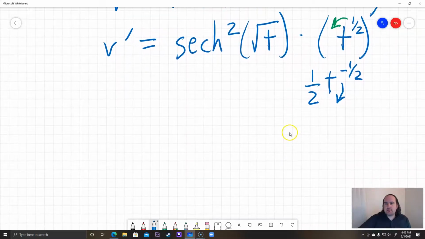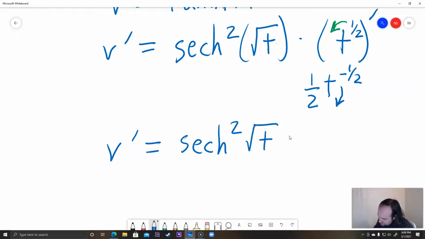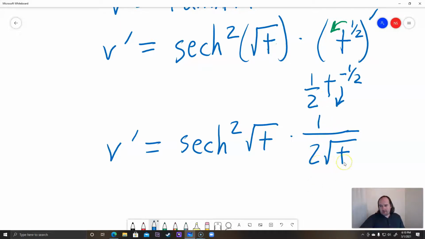So we're going to end up with v prime equals sech squared of root t times 1 over 2 root t. Because we have 1/2 t to the negative 1/2, move that down to the denominator, it becomes 1 over 2 root t. Okay, so there's our v prime.